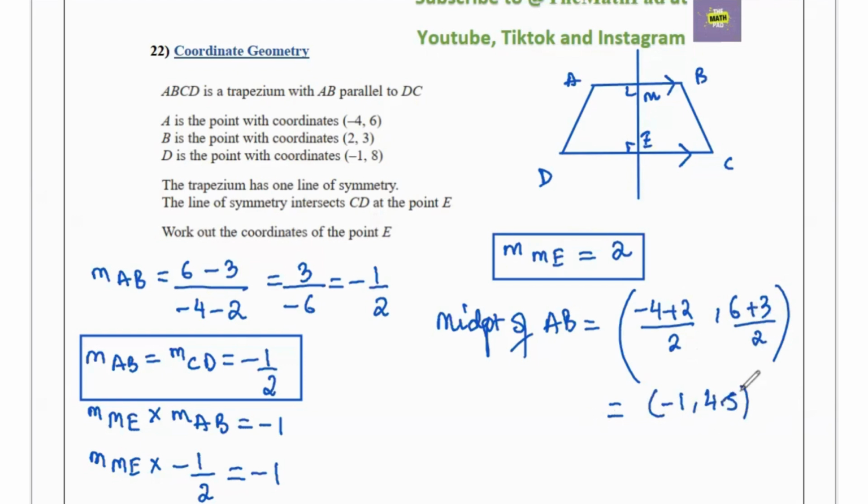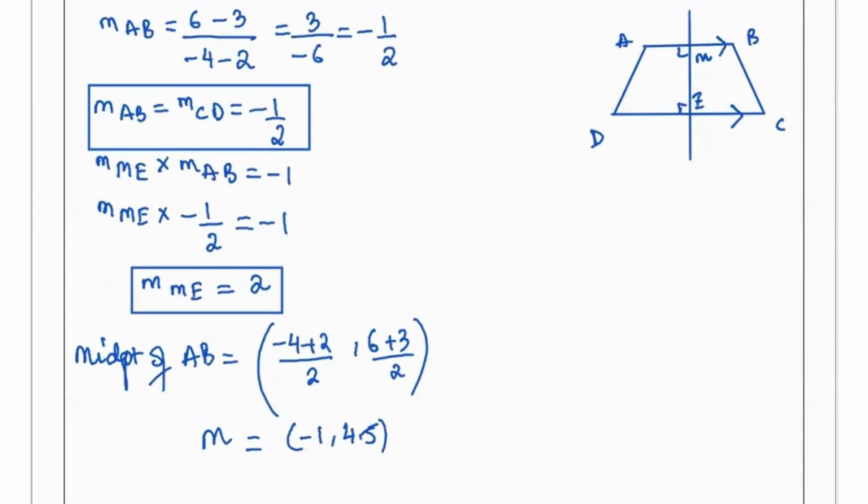So this is the midpoint of AB, which is also the coordinates of M. Using these coordinates and the gradient of the line ME, we can create an equation for the line ME. And then using the coordinates of D and the gradient of CD, we can create another equation. If we solve those two simultaneously, we can find the coordinates of E because they're both intersecting at point E. Let's create the equation for ME first.